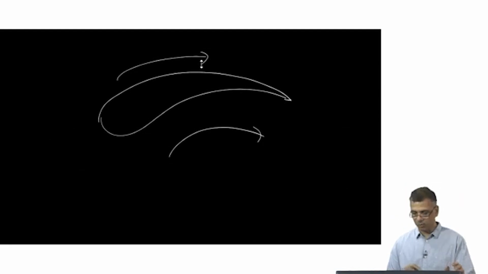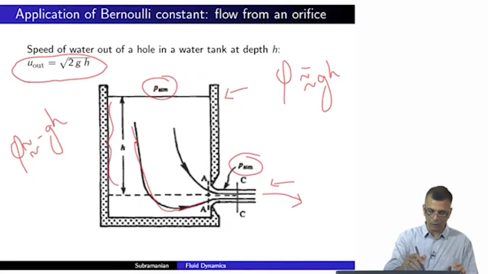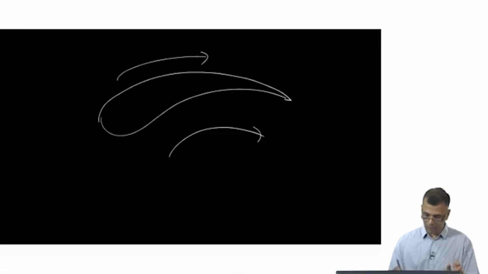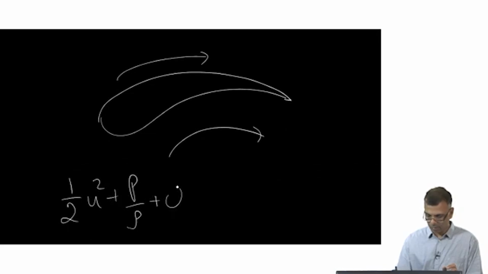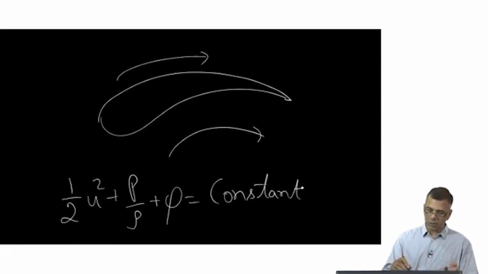Okay, it's curved a little more. And the Bernoulli constant, recall, the Bernoulli constant is half u squared plus p over rho plus phi. Okay, this is constant. So you write this down. Okay, so consider a streamline that's enveloping this kind of a circulation.